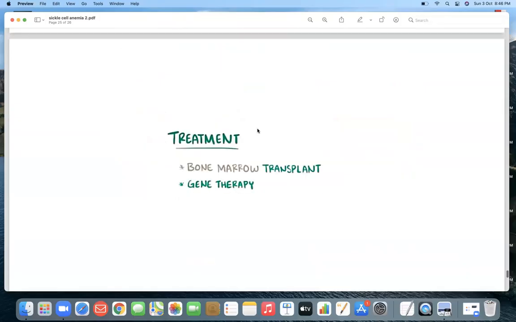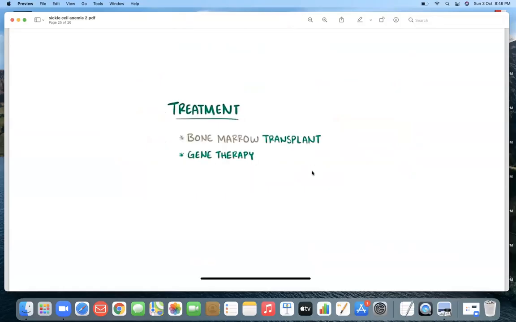And next is the treatment. Curative is bone marrow transplantation. And gene therapy, still it is under trials, still under research. Bone marrow transplant is ongoing, but you always have to tell about an HLA matched donor.